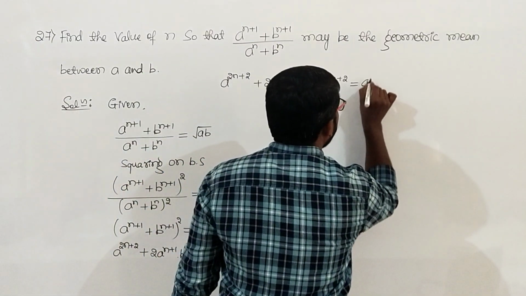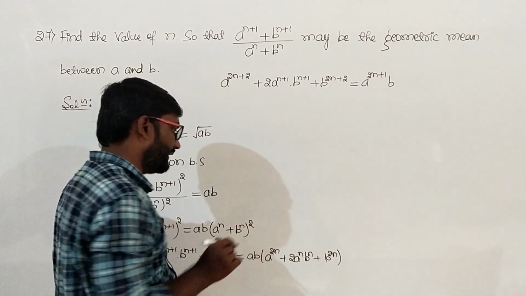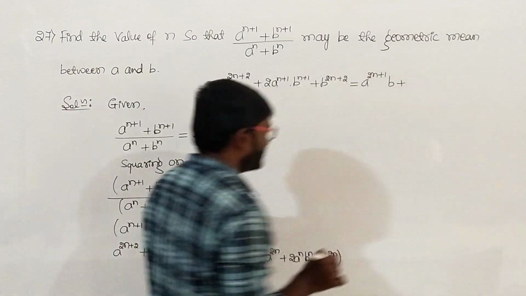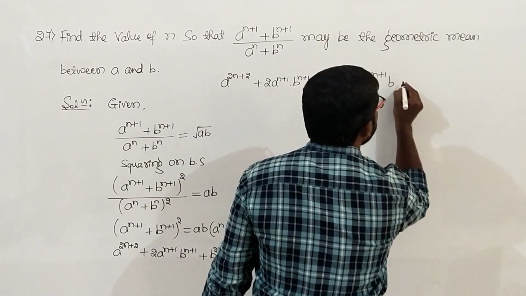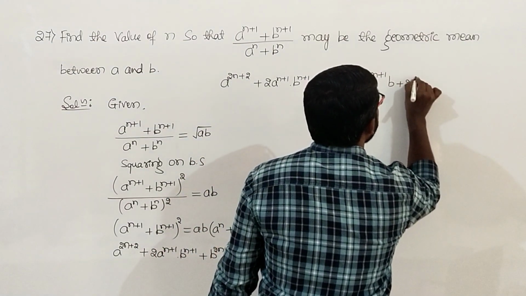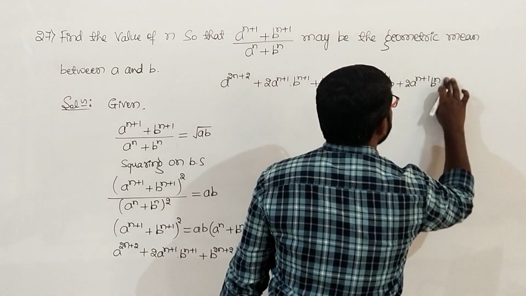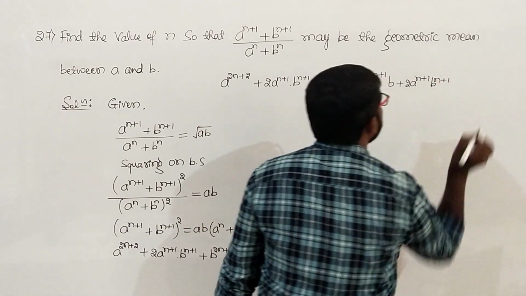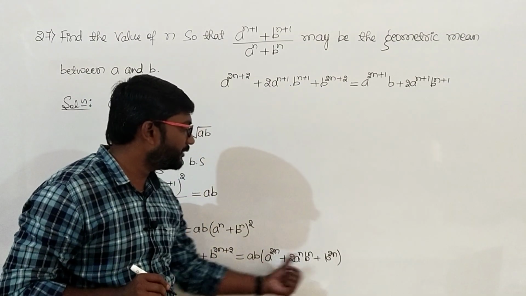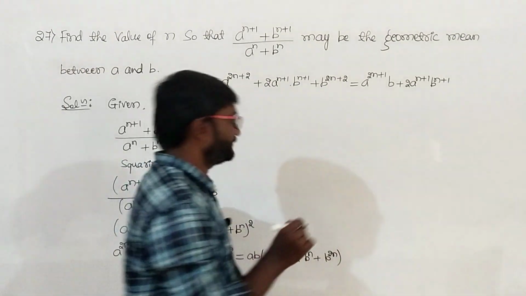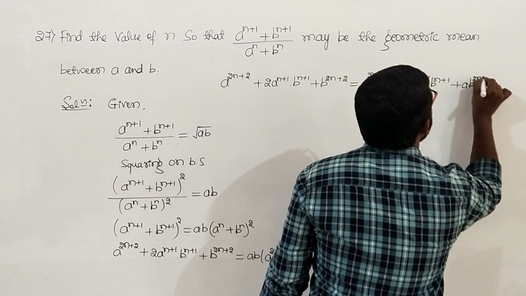So a raised to 2n plus 1 into b, and then plus 2 times a raised to n plus 1 into b raised to n plus 1. Now multiply ab with the last term. a write it as it is, b into b raised to 2n will be b raised to 2n plus 1 plus a into b to the power 2n plus 1.